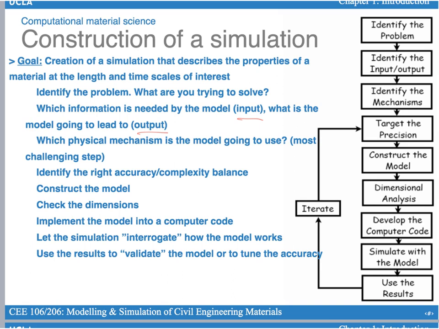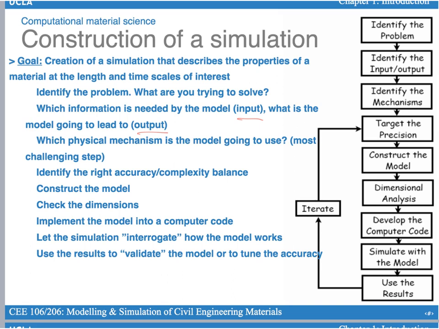The simulation will start from the input, perform a series of instructions, a series of operations in an iterative fashion, and then will give you a specific output. Each of those instructions should be based on some fundamental physics or chemistry that is governing the behavior of the system. So you need to select the physical laws that you are going to use, the right theoretical background that is relevant to the type of problem you are trying to address.